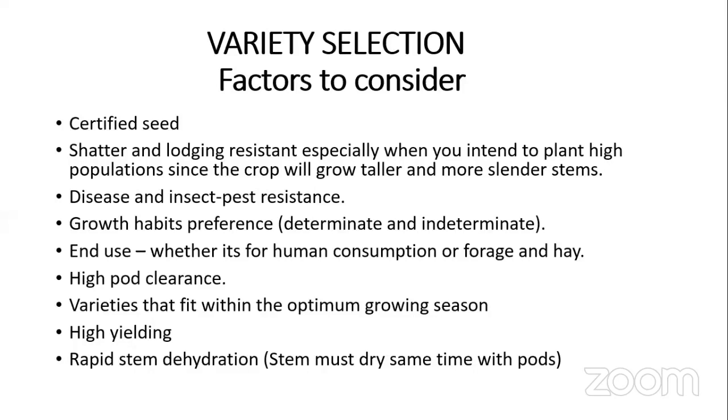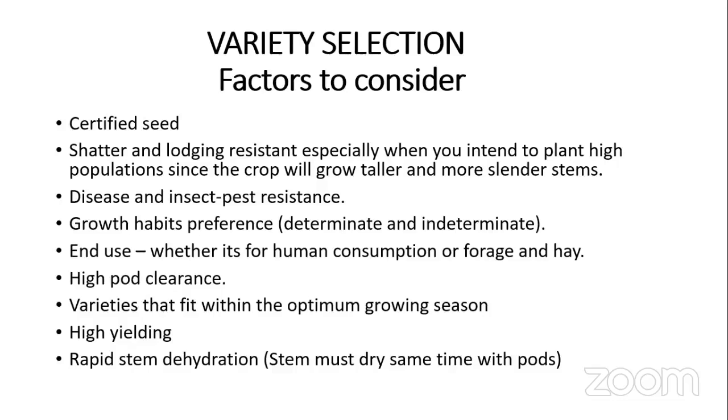Then the next point is the issue of pod clearance. This is the distance between where the pod ends and the ground. That is the clearance, so you would need varieties with a high pod clearance. The disadvantage of a lower pod clearance is that the pods will be closer to the ground, and when you are harvesting, in some cases the combine harvester will not be able to pick them.